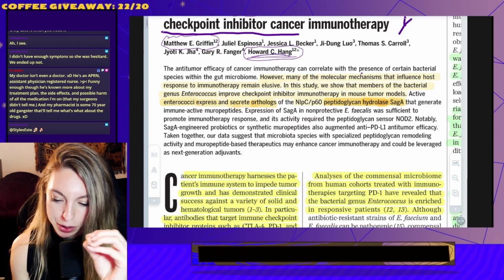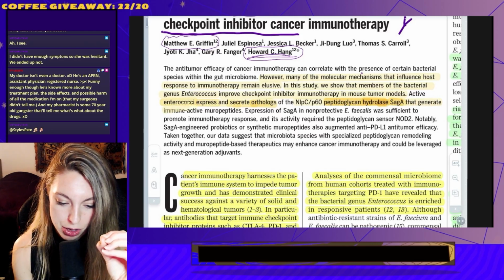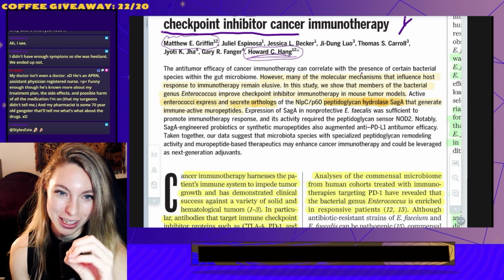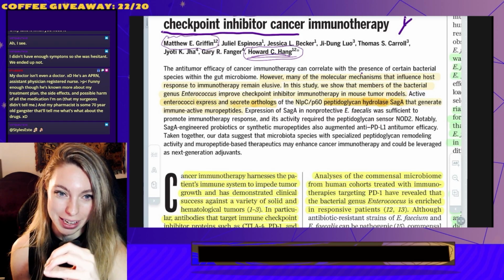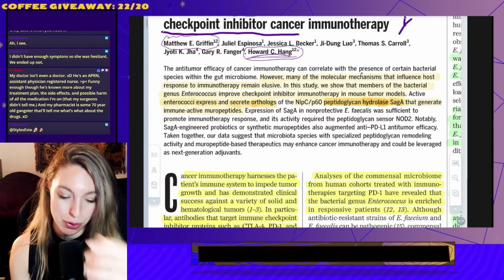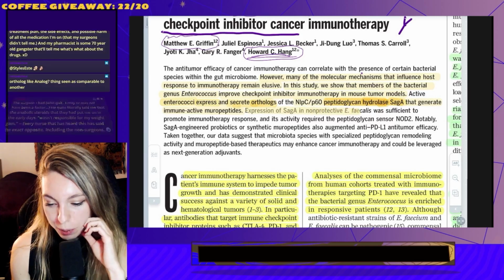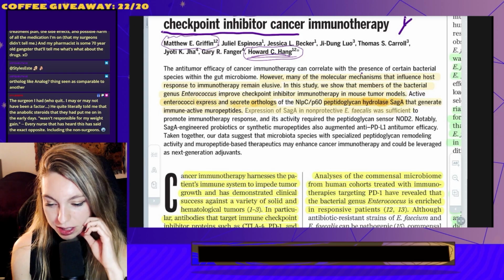And when it cleaves peptidoglycan, it generates immune-active muropeptides. Just think of these as small little pieces of the peptidoglycan that stimulate the immune response. Expression of SagA in non-protective E. faecalis was sufficient to promote immunotherapy response.